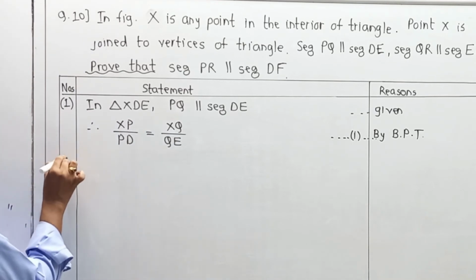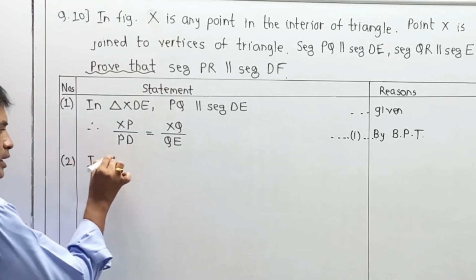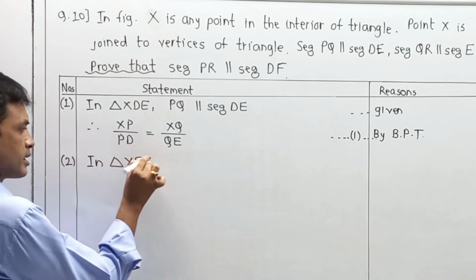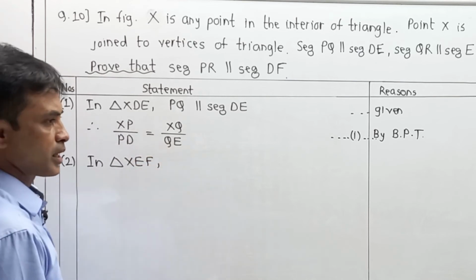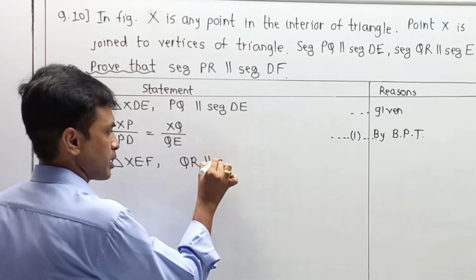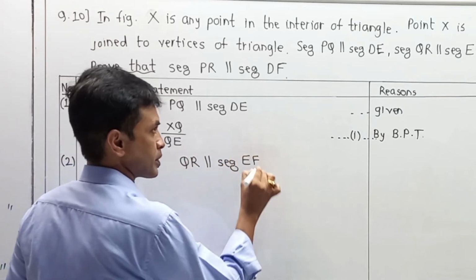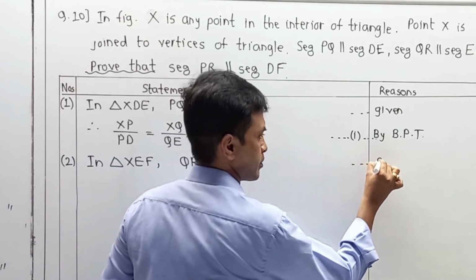Now second part over here. Now I am taking the second triangle as triangle XEF. In triangle XEF, QR parallel to seg EF, they have given, so I am going to write it as given.